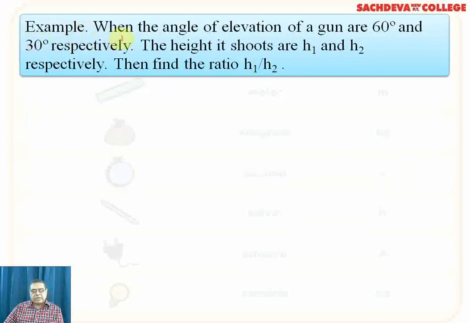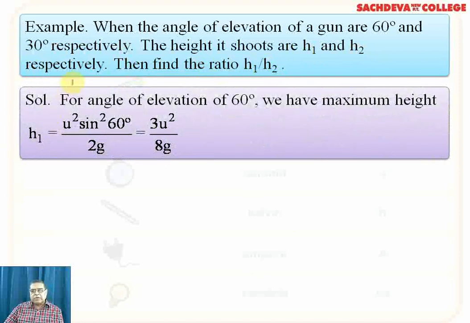Now, there are certain examples we have to discuss. For example, when the angles of elevation of a gun are 60 degrees and 30 degrees respectively, the heights it shoots are h1 and h2. Then we have to find the ratio h1 over h2.